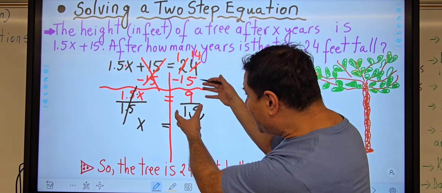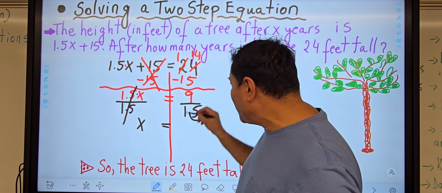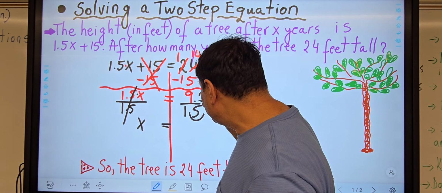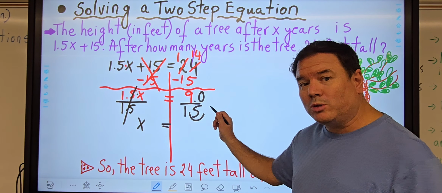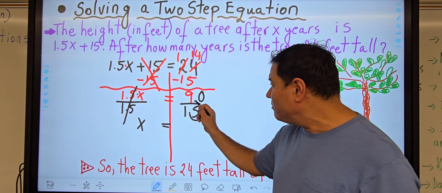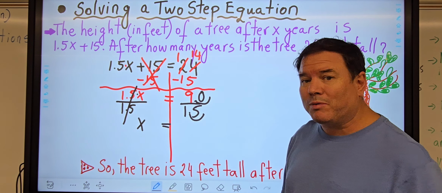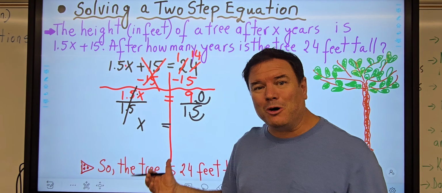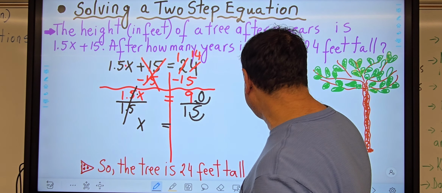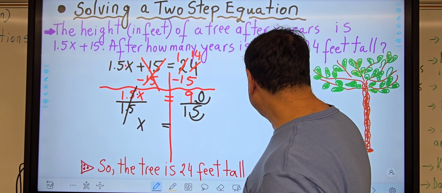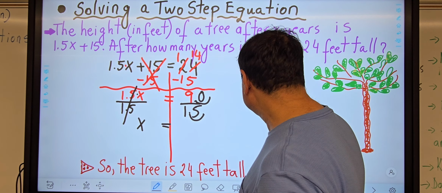So 9 can be written as 9.0. Because we moved the decimal on the bottom one place to the right, we also move the decimal on the top one place to the right, and 9 becomes 90. So our division is actually 90 divided by 15.